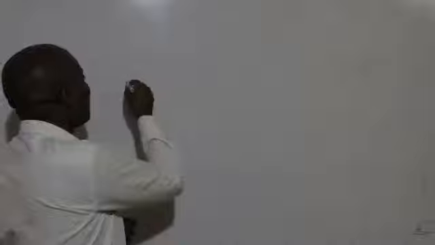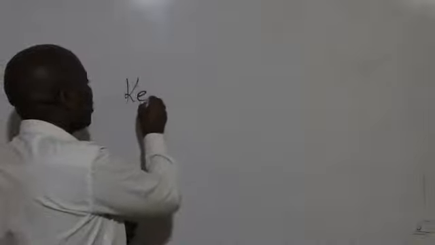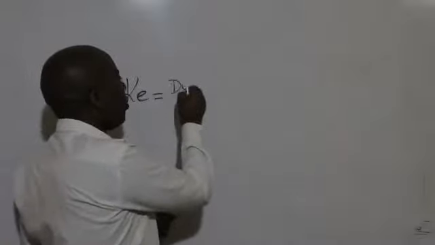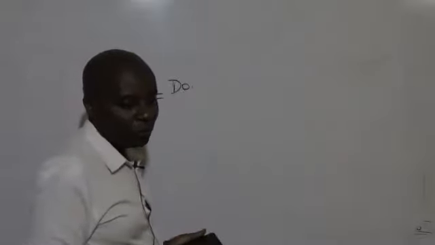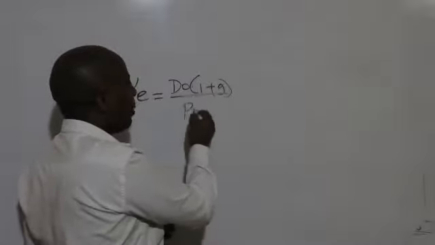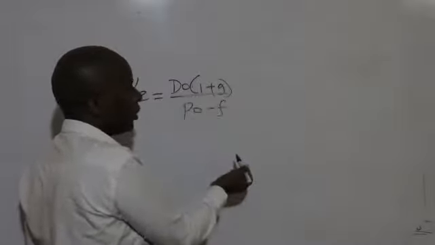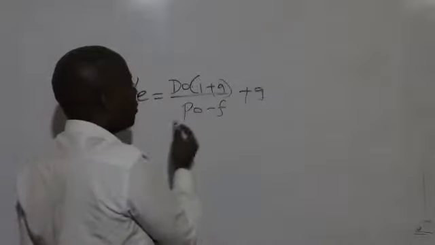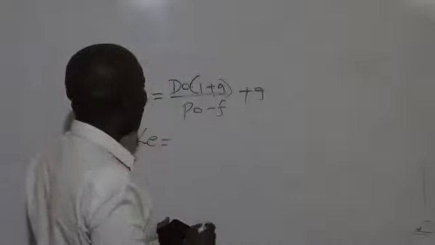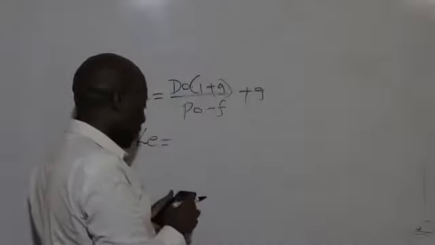To get cost of equity, ladies and gentlemen, what we have here is D0 into 1 plus g, all over P0 minus flotation, at the end of the day plus g. So we have our cost of equity being equal to D0, which has been given.